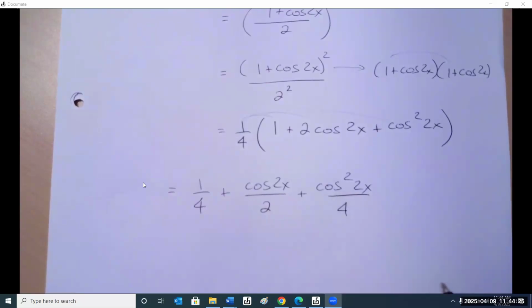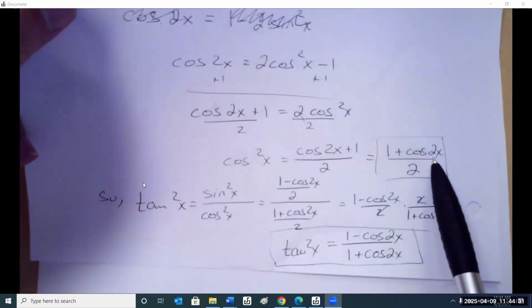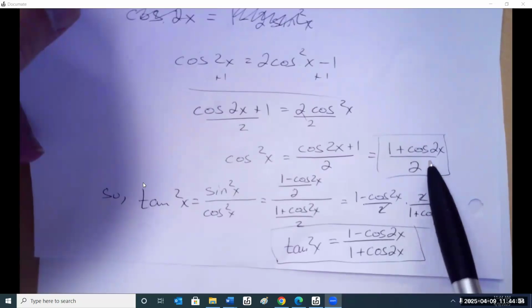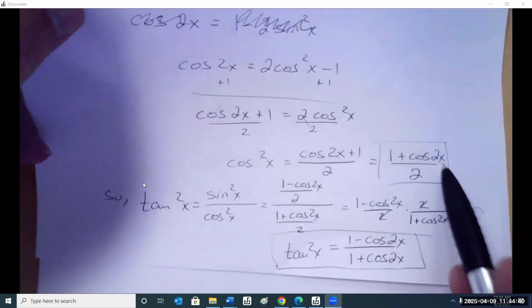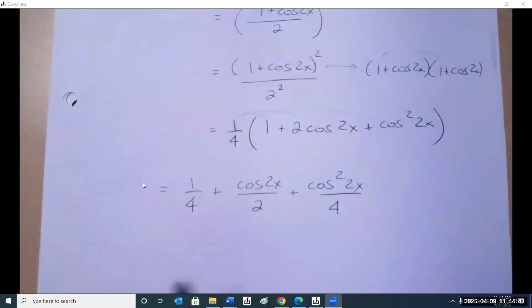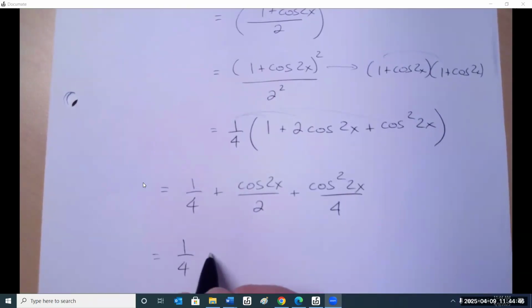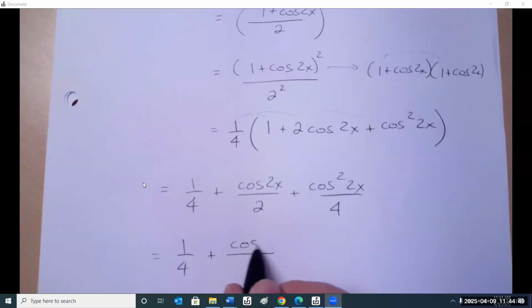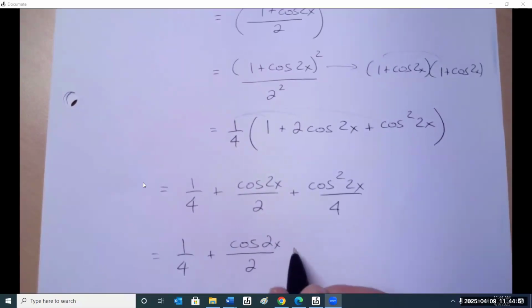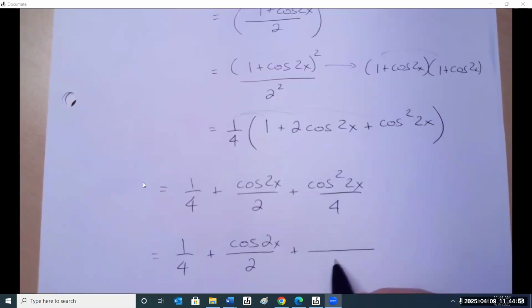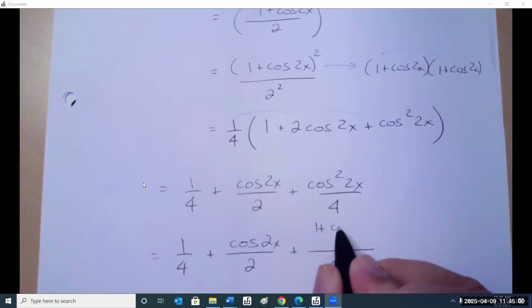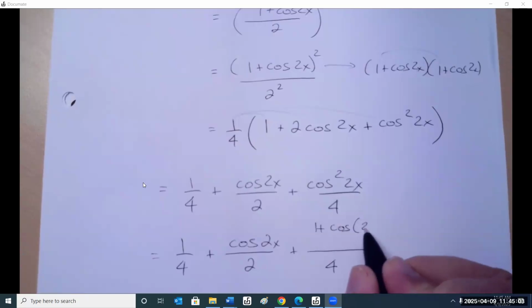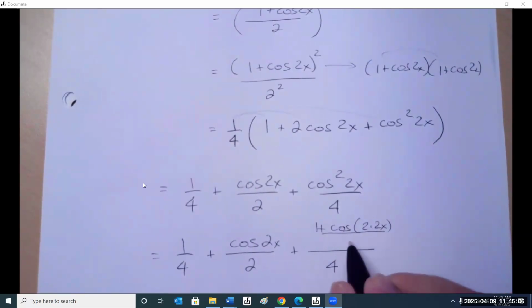So what's cosine squared? We know cosine squared x is this. So what if our angle was 2x? So it'll be 2 times 2x here. So that would be 1/4 plus cosine 2x over 2 plus, that one's going to be 1 plus cosine 2 times 2x over 2.